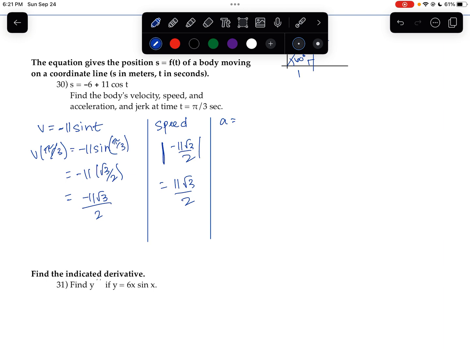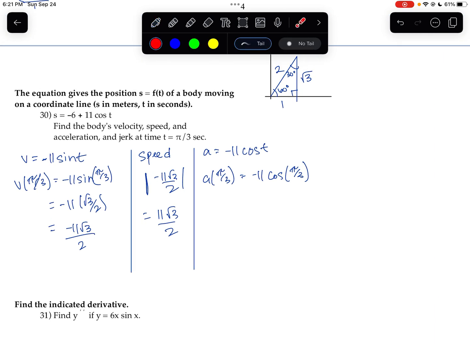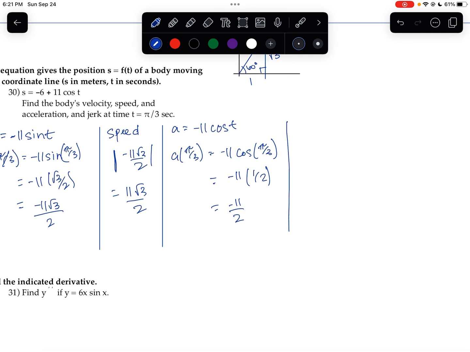You need to take the derivative of velocity, and the derivative of sine is cosine, so it's just going to be negative 11 cosine of t, and a of pi thirds, so the acceleration there would be negative 11 cosine of pi over 3, and cosine of pi thirds is 1 over 2. So it's going to be equal to negative 11 times 1/2, which is just going to be equal to negative 11 over 2. So there's the acceleration there.